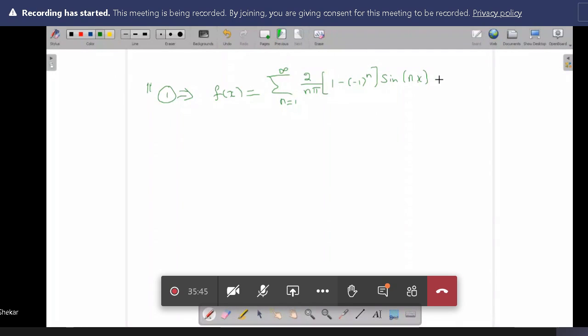So 2 pi gets cancelled, and this is the required Fourier series.